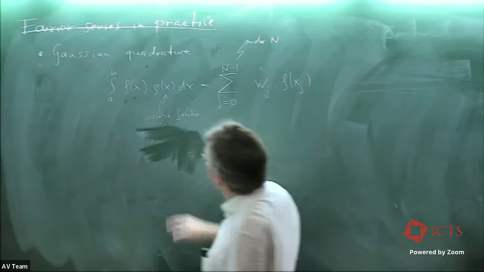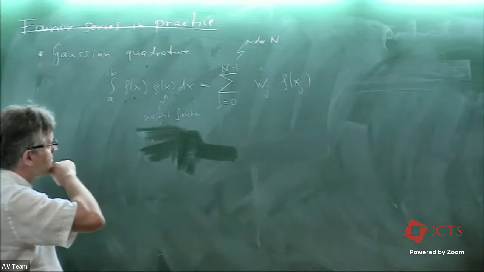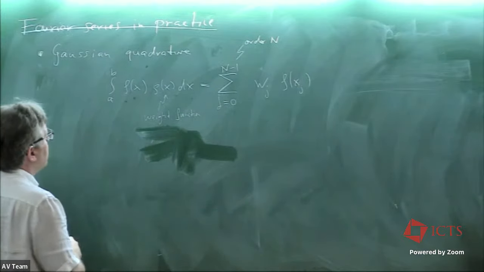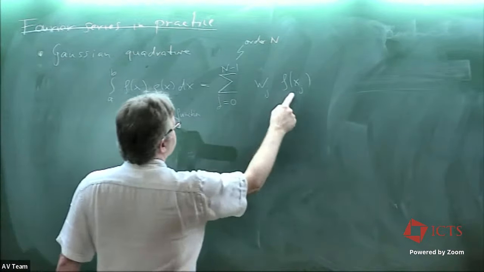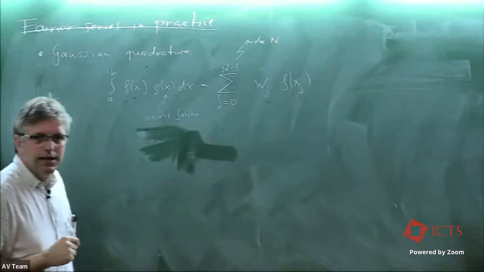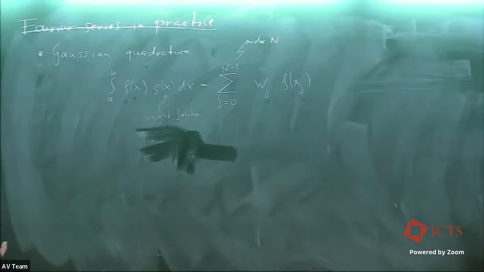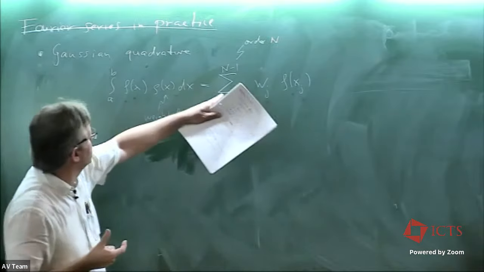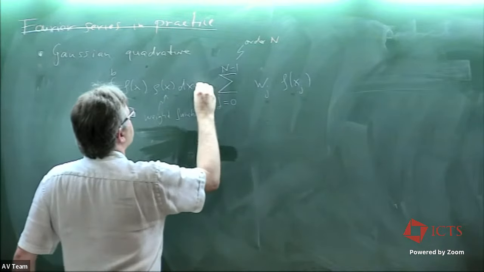Okay, so now the beauty is, when you want to determine the w's and the x's, we have 2n unknowns here. And so we can use these 2n unknowns to make this formula as good as it can be.